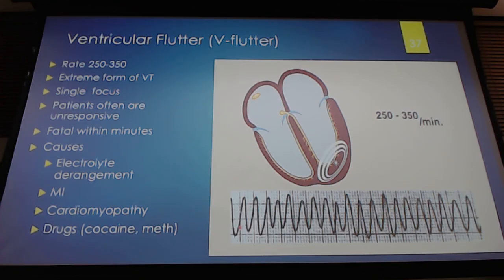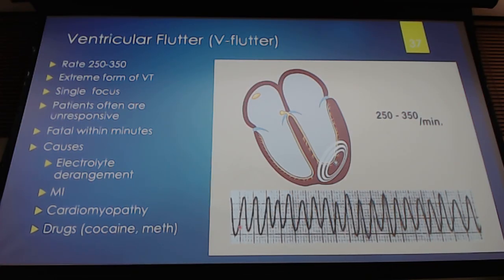V-flutter, we think about this as an extreme form of VTAC. Much faster rates, 250 to 350 ventricular rates, so that's a super fast rate. These patients are oftentimes, if they aren't being brought in by EMS unresponsive, very soon to be unresponsive.